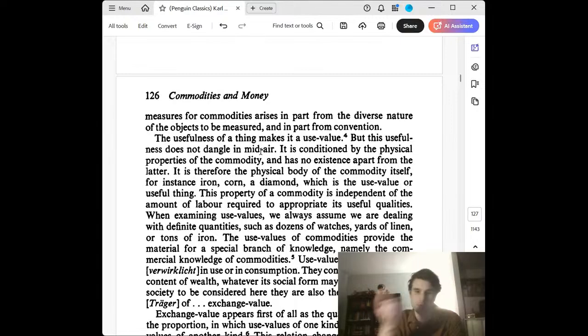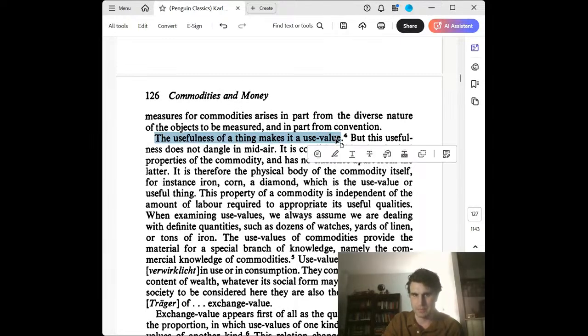So we have the qualities of the use values, which is like what they can do, what needs they can satisfy. And then we have the quantity, how much of it. And these have differences depending on what type of thing it is. The usefulness of a thing makes it a use value. So now we have this term use value introduced. But this usefulness does not dangle in midair.